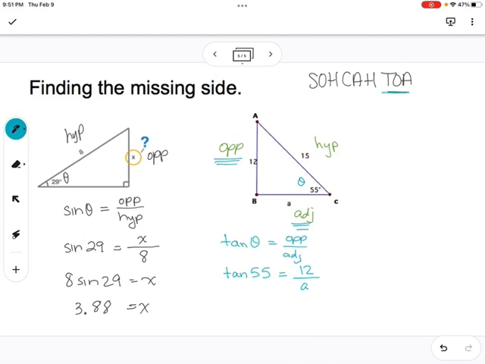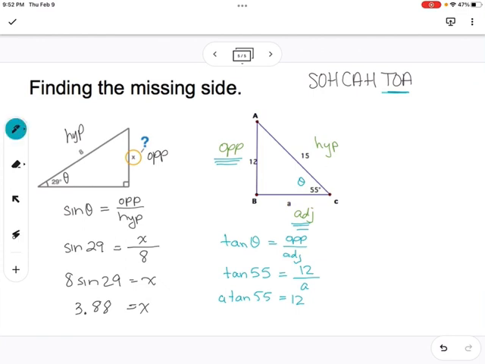Okay, so I want to rearrange my equation here to get A by itself. That means we're going to have to move the divide by A over to this side. It'll become multiply. So A tan 55 equals 12. And now I need to move the tan 55 over here. Since we are multiplying here, when we bring it to the other side, it will be divide.